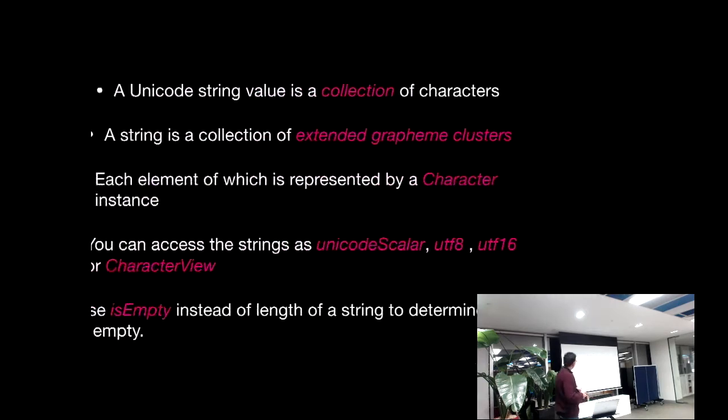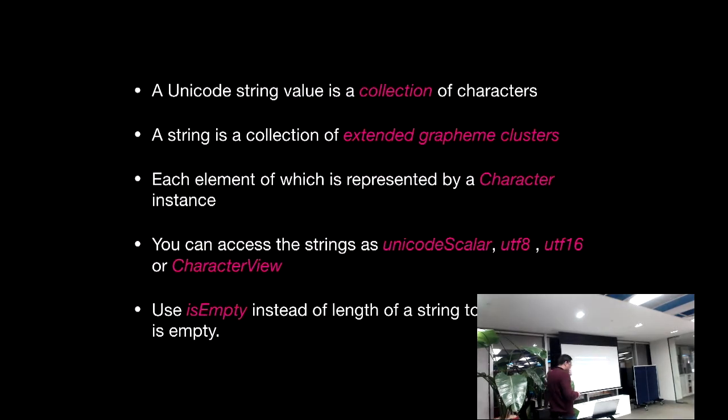Right, now, what are strings? A string is nothing but a collection of characters. And those characters can be Unicode, can be ASCII, can be anything. It is also a collection of extended grapheme clusters. Now, this is one of those things if you read the Apple documentation, it talks about. What exactly is that?